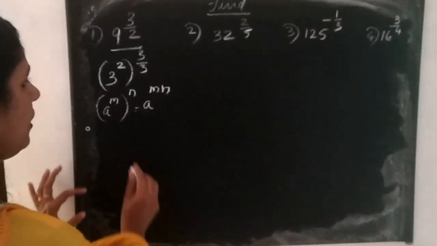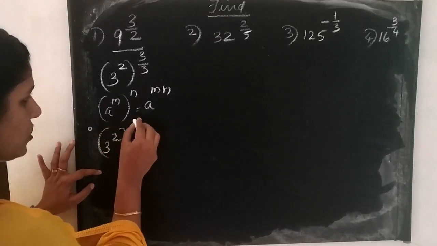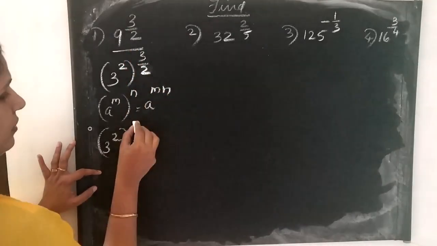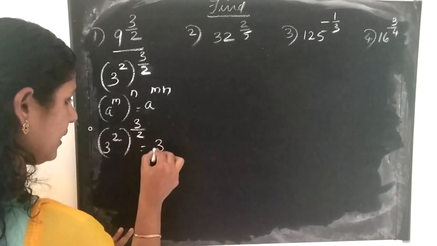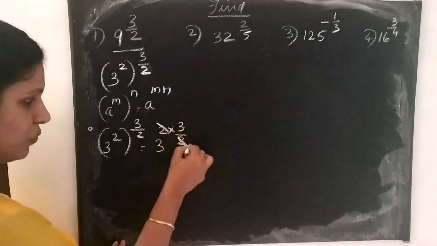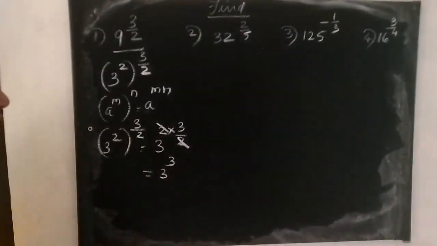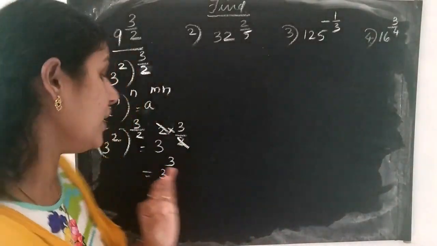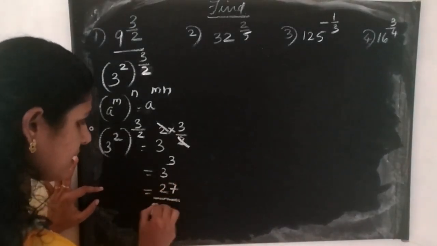Now we can write this 3 square into 3 by 2. The 2s cancel each other. Now we get 3 cube. 3 cube is what? 3 into 3 into 3. 3 into 3, 9. 9 into 3, 27. So we get the answer as 27.